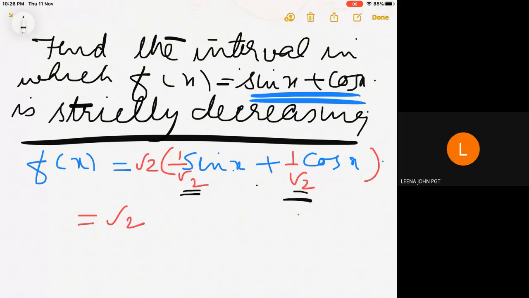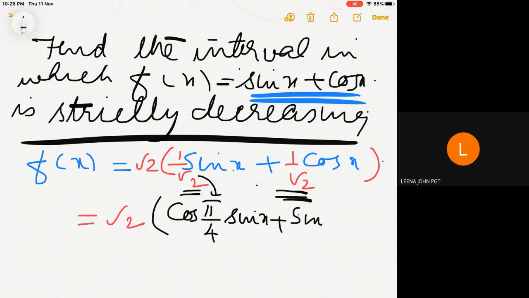According to our convenience, you can take 1 by root 2 as either sine pi by 4 or cos pi by 4. I want to bring here a sine curve. So I call the first 1 by root 2 as cos pi by 4, then sin x, plus this 1 by root 2, I'll call it sin pi by 4 into cos x.